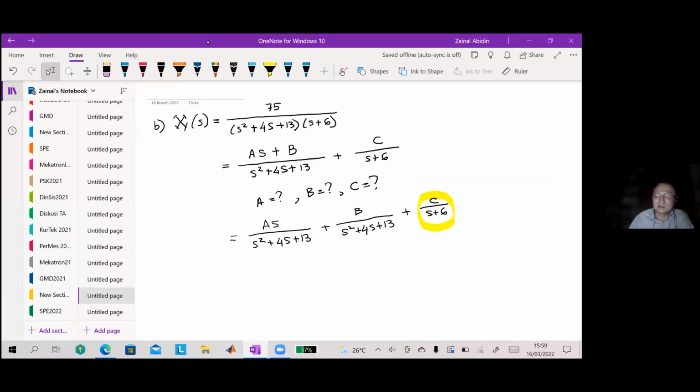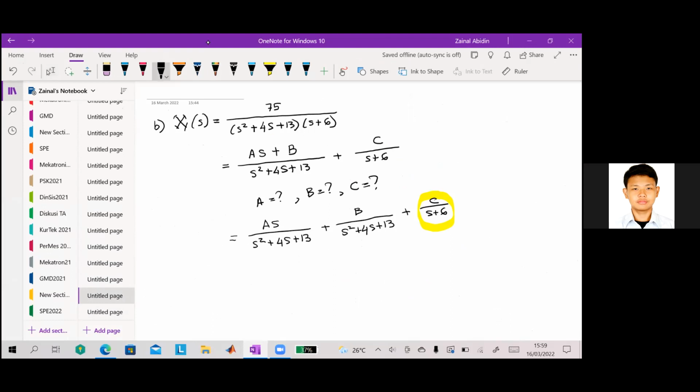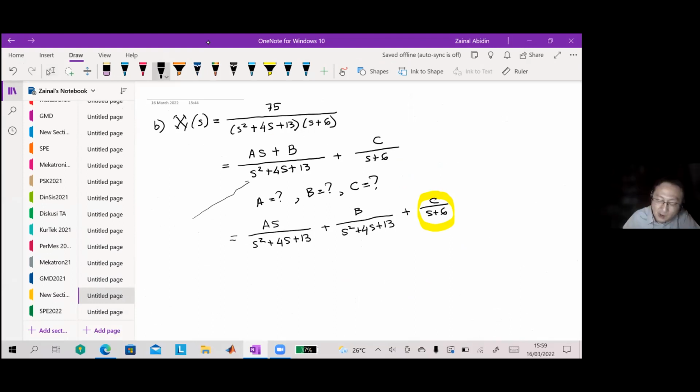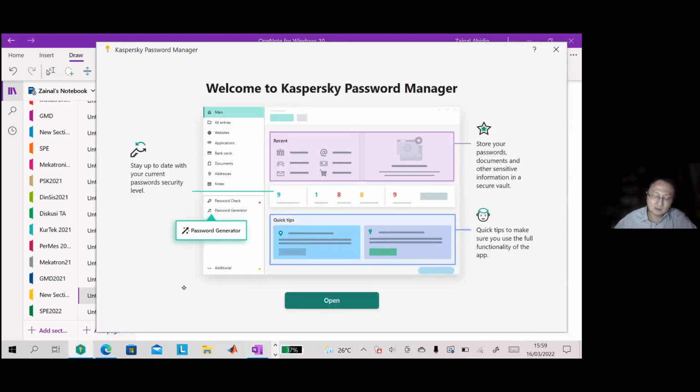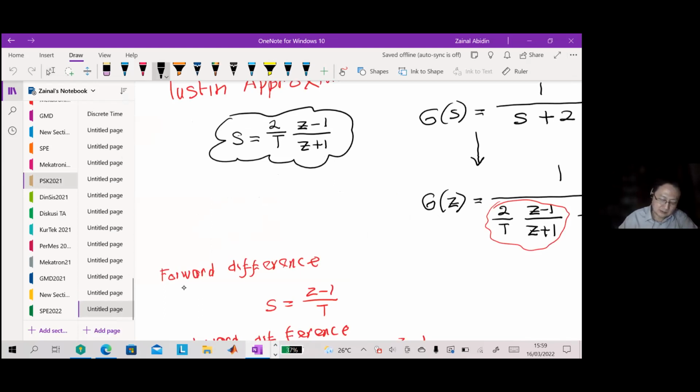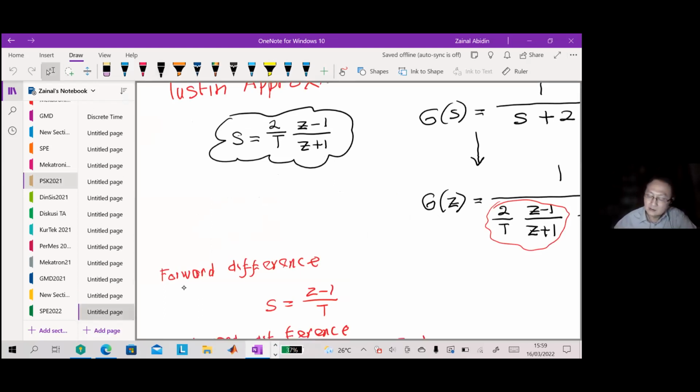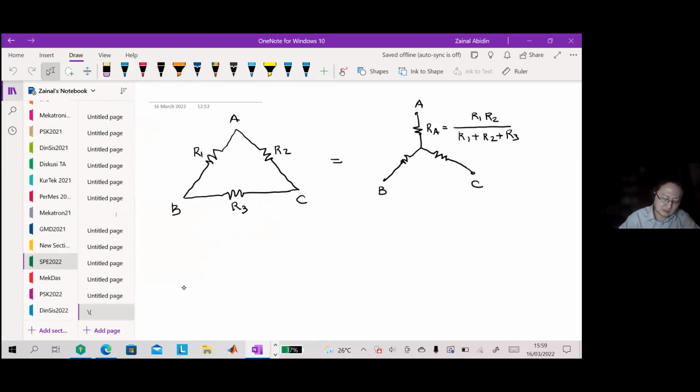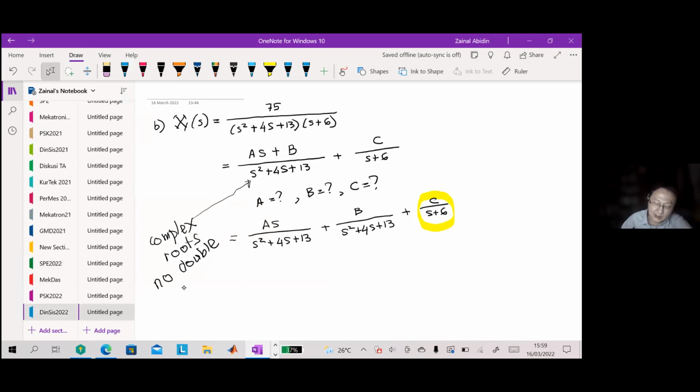Okay, this one, we have complex roots and no double root.